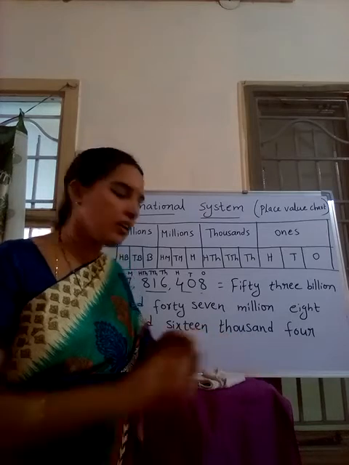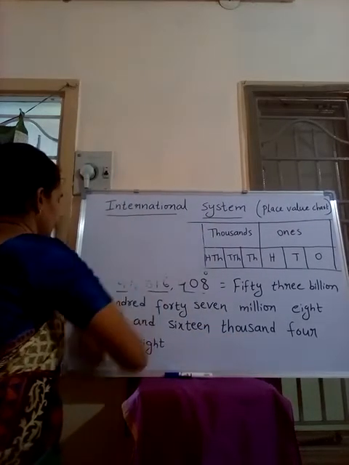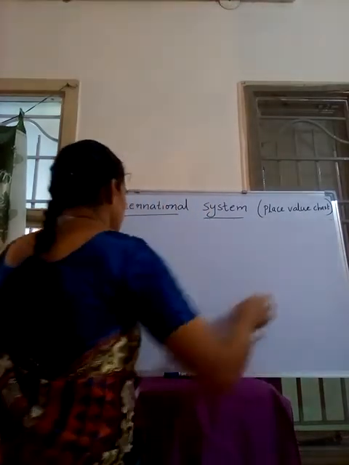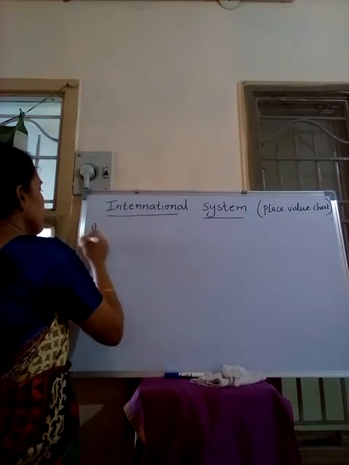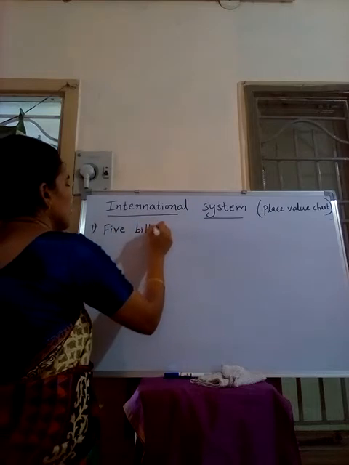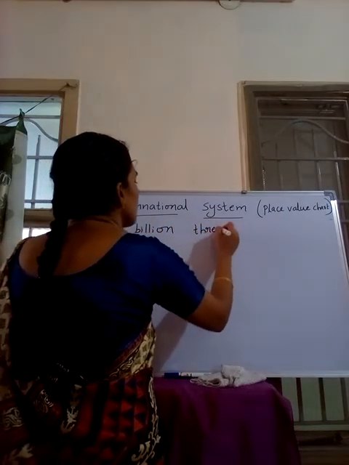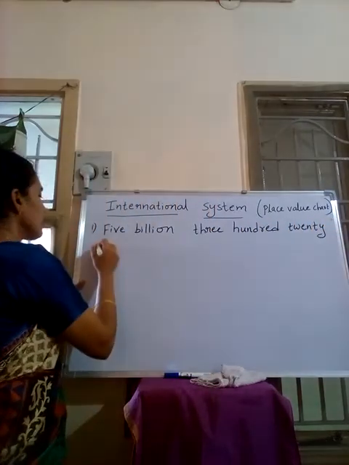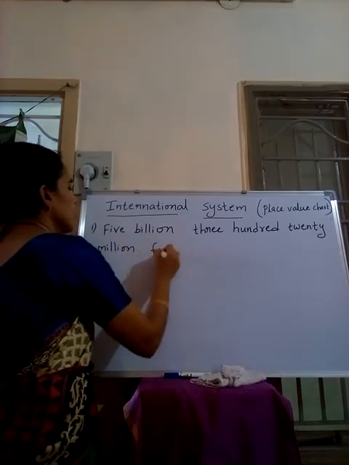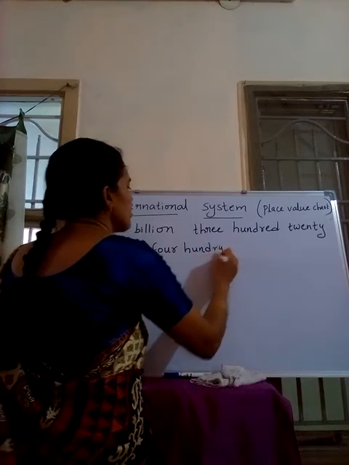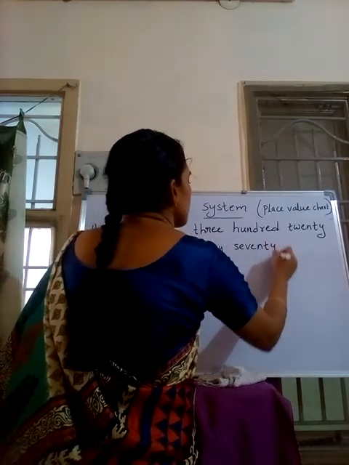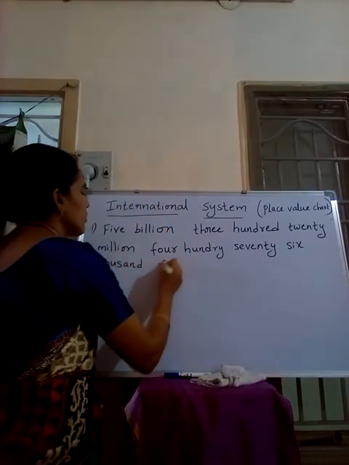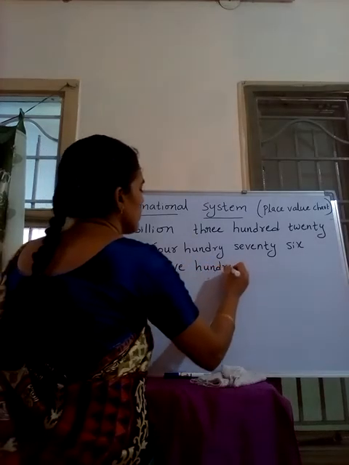Now I am giving one number name. Let's write the numeral. For example, five billion, 320,000,000, 476,000, 580.